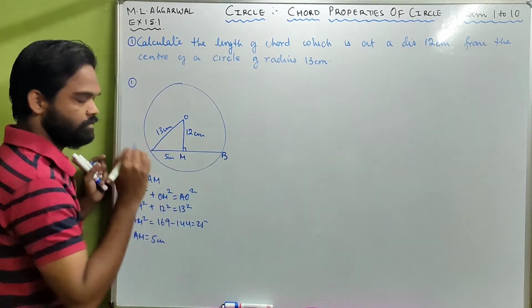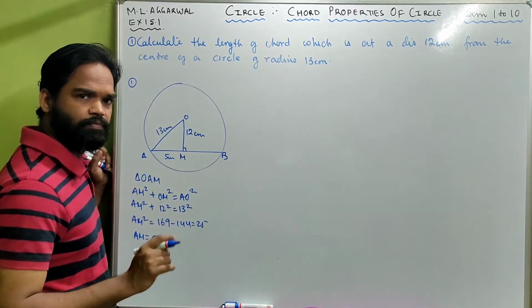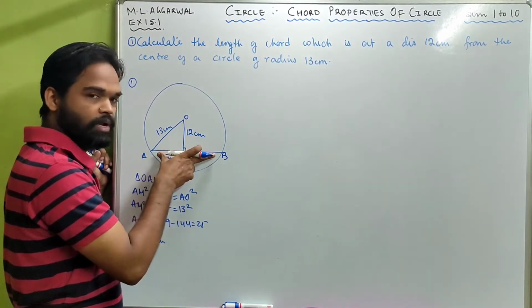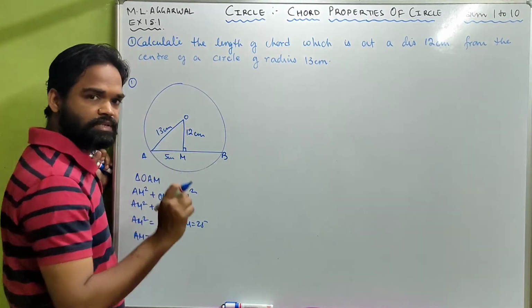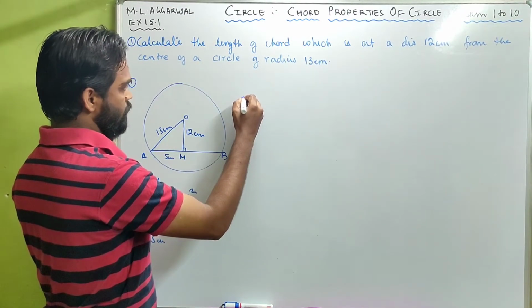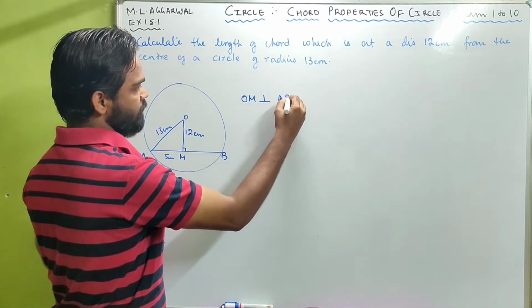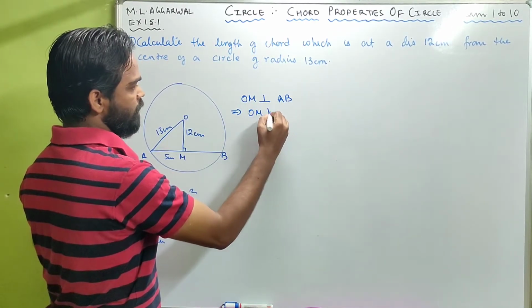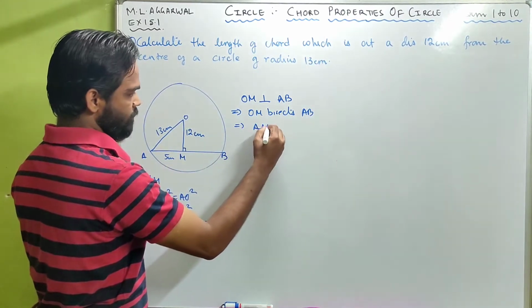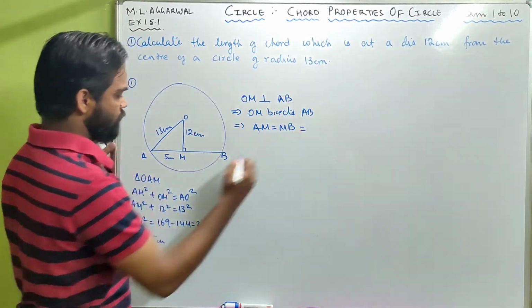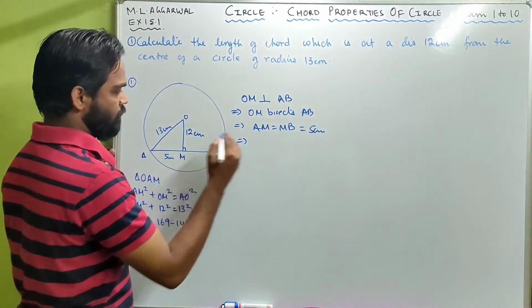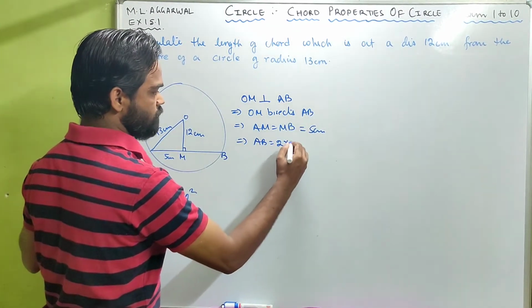Got it? Okay. Now the converse of the first theorem was, any line which is perpendicular to AB drawn from the center of a circle bisects the chord AB, which means OM is perpendicular to AB, which means simply OM bisects AB, which simply means that AM equals MB, which is equal to how much? 5 centimeter, which means your AB will be twice of 5.